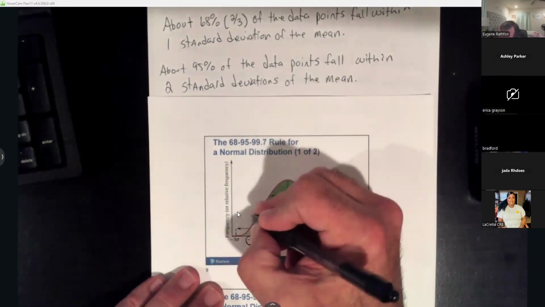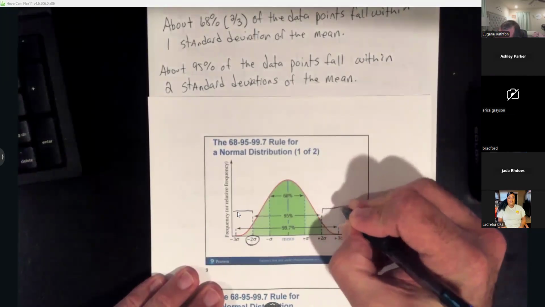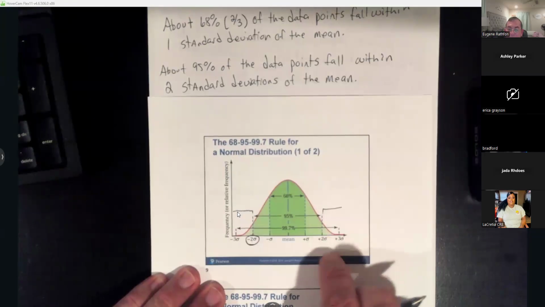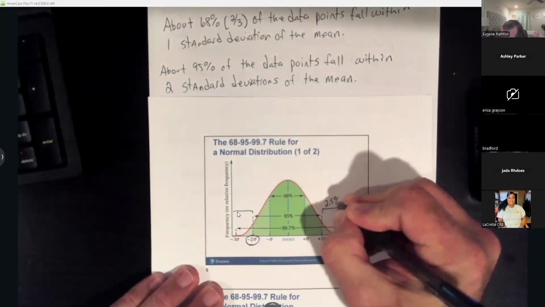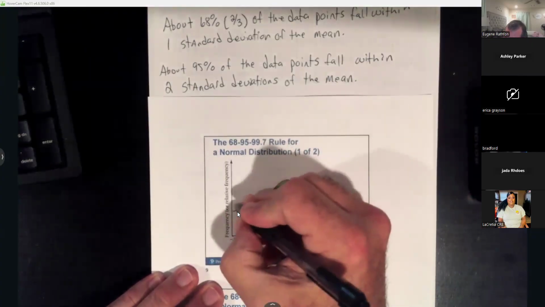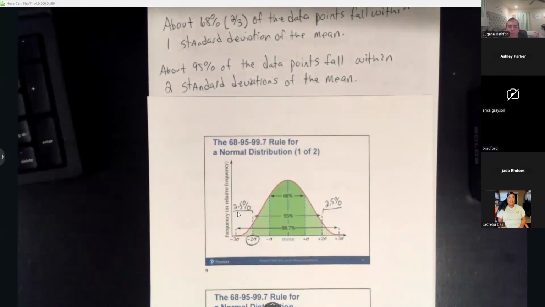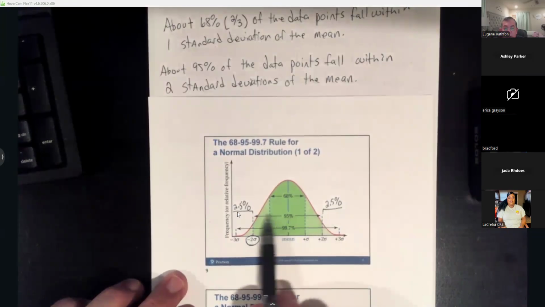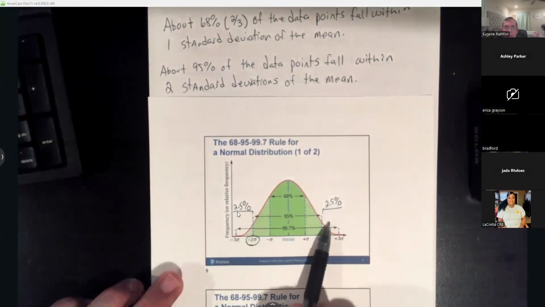So y'all, what's left is the other 5%. But you got to divide that 5% on each side. So this little part would be 2.5%. This little part would be 2.5%. Okay, because 95% will be in between 2 standard deviations. So what's left is that 5%, and I divided that by 2 to get the 2 ends.